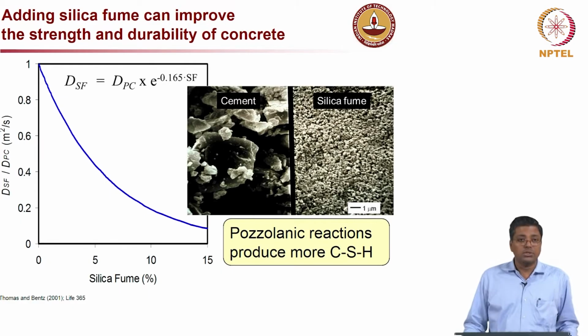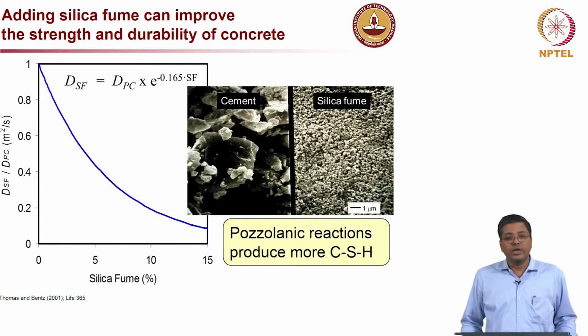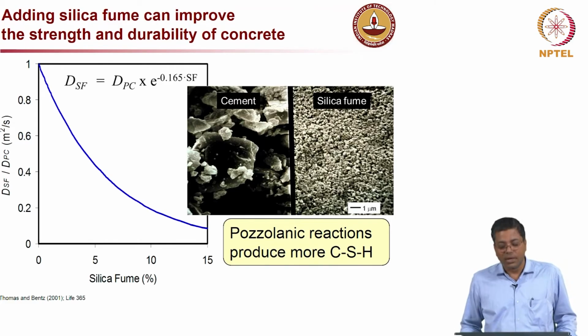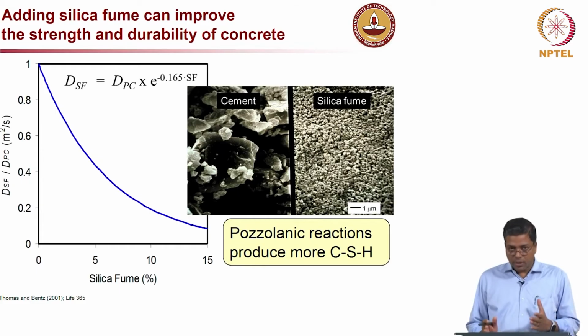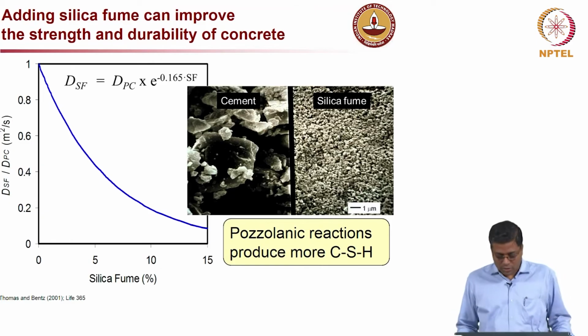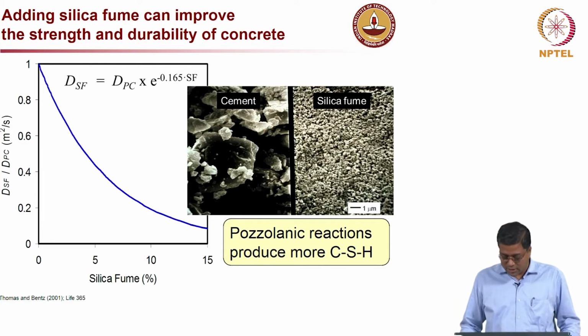Now, if you are talking about silica fume, which is also a very good SCM with very fine particle size, the silica fume has a dual role, both as a pozzolanic material and at the same time it also has a little bit of filler effect depending on how much silica fume is used.